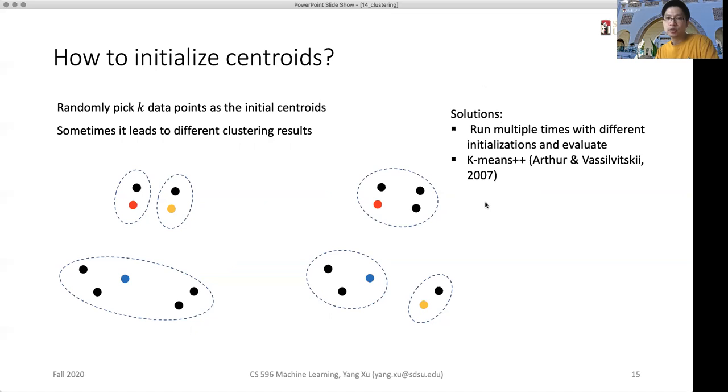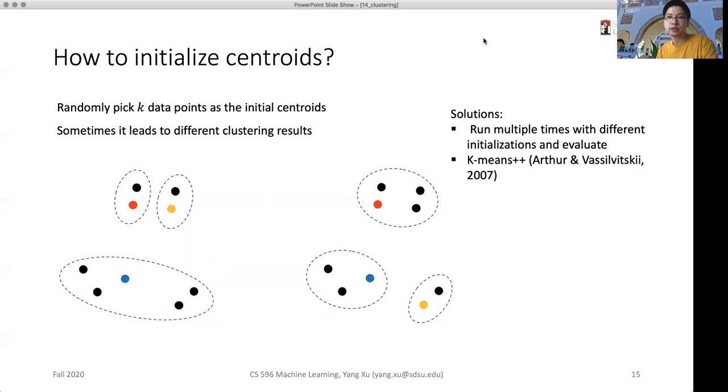Okay, so to minimize the ambiguity or uncertainty within the results of running k-means, we run it multiple times with different initializations, and then we evaluate the different resulting clusters. Okay, so we will talk about how to evaluate the results from the clustering algorithm in later slides.